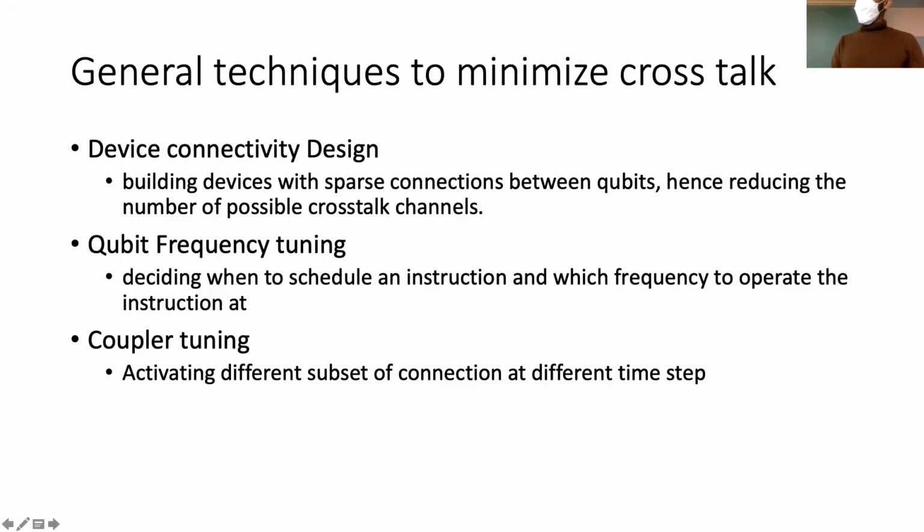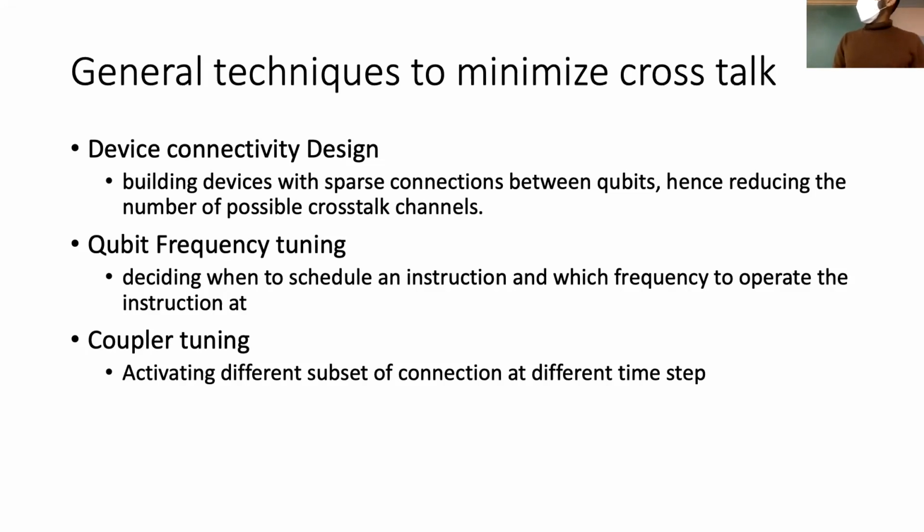In order to minimize this crosstalk, there are some hardware solutions. One is device connectivity design. If you have a sparse connectivity of qubits, we can avoid this crosstalk. Another is qubit frequency tuning. If there is no collision of frequency, that could also be one way of avoiding crosstalk, and also coupler tuning.